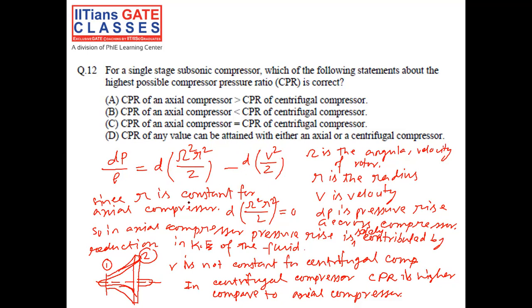But in case of centrifugal compressor, the radius of the rotor is actually increasing from inlet to outlet. So the pressure rise is contributed by both of these terms. For that reason, the pressure rise, or the compressor pressure ratio, in centrifugal compressor is more compared to axial compressor. And hence, this is the correct answer.